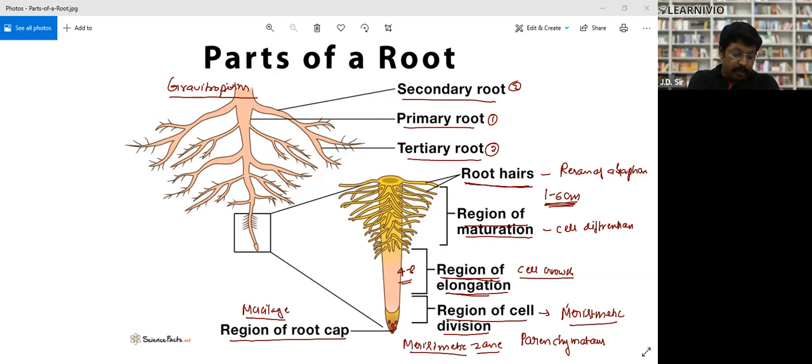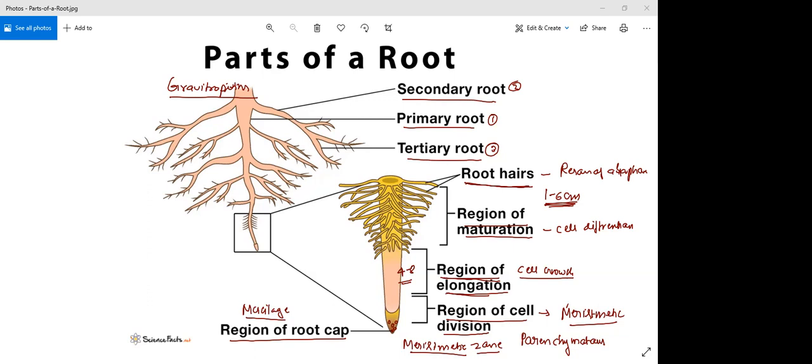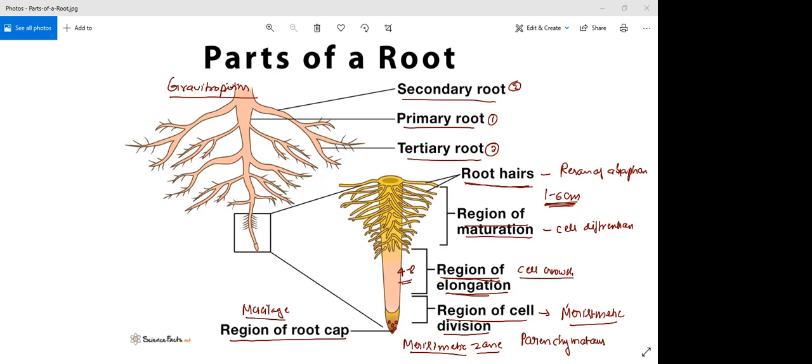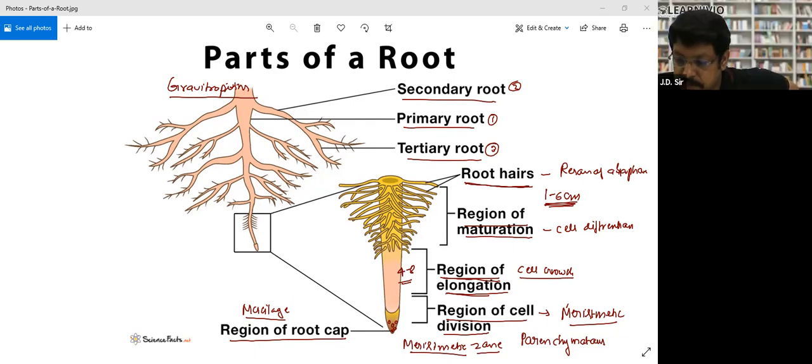Do not absorb water. The outermost part is impermeable and does not absorb water, right? Okay, so this was the region of the root.